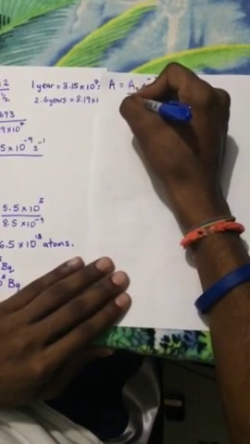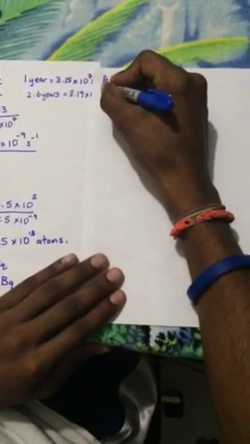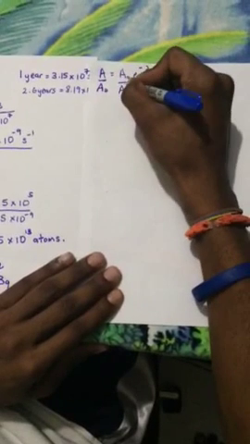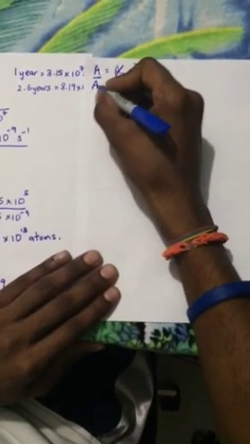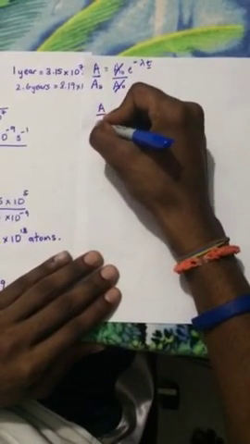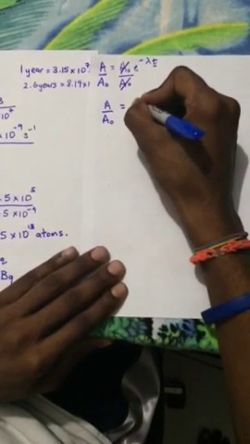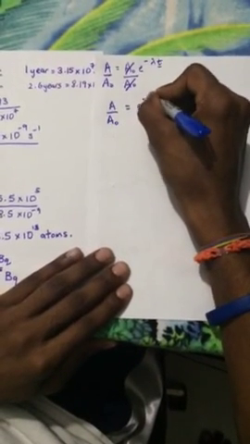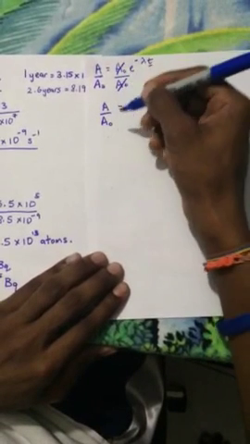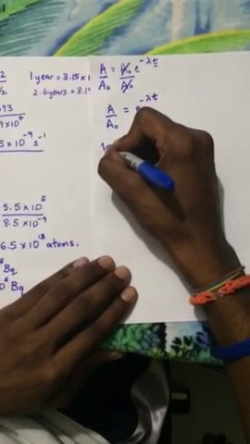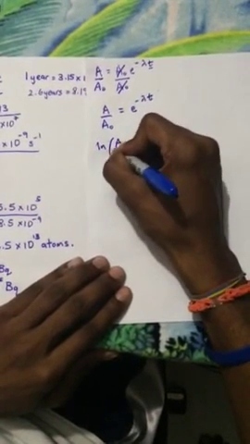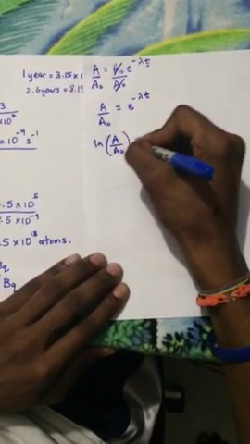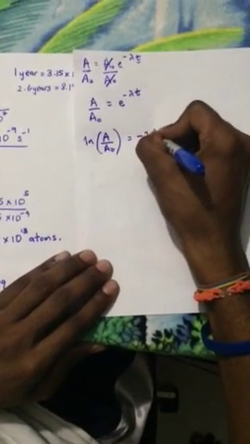So let's first divide both sides of the equation by A naught, so you see that and that being cancelled. So we have A over A naught being equal to e to the minus lambda t. Taking natural logs of both sides, we have ln A over A naught being equal to minus lambda t.